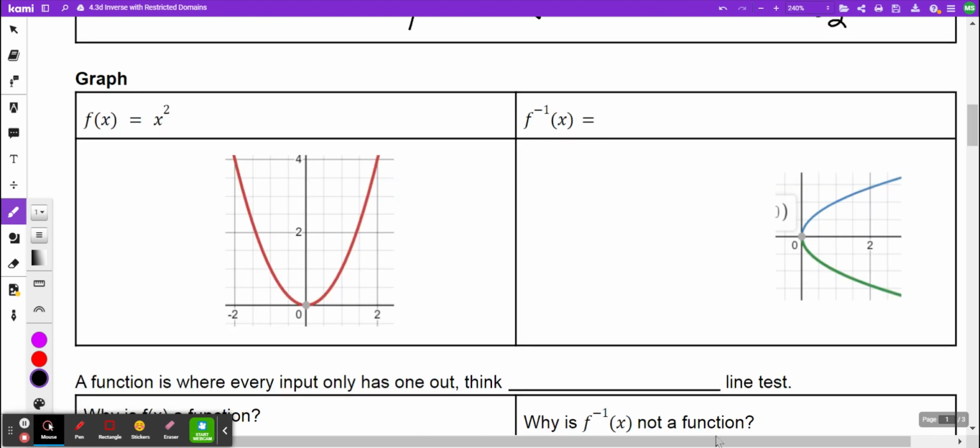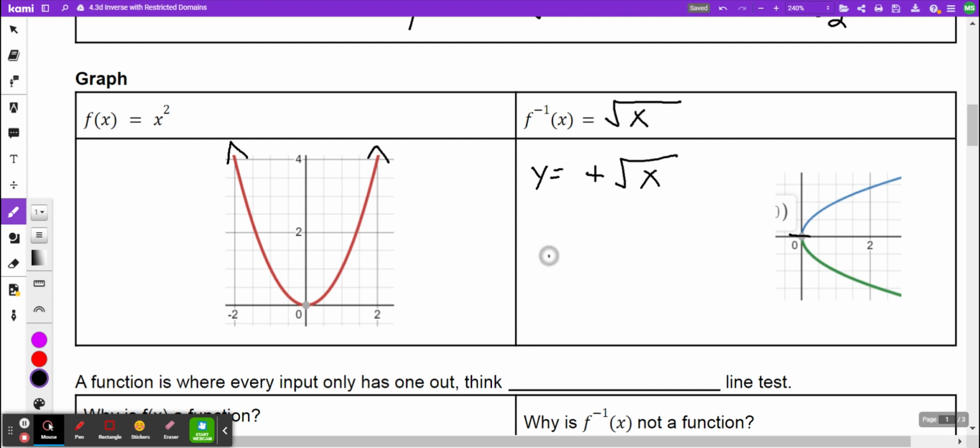All right, guys, so here we go. When I graph f of x is equal to x squared, I get this graph. It's going to go forever up and forever to the left and right. Now, when I graph the inverse of this, the square root of x, it gives me a slight problem right here. In order to graph this, I had to say, hey, positive x squared. So y is equal to positive x squared.